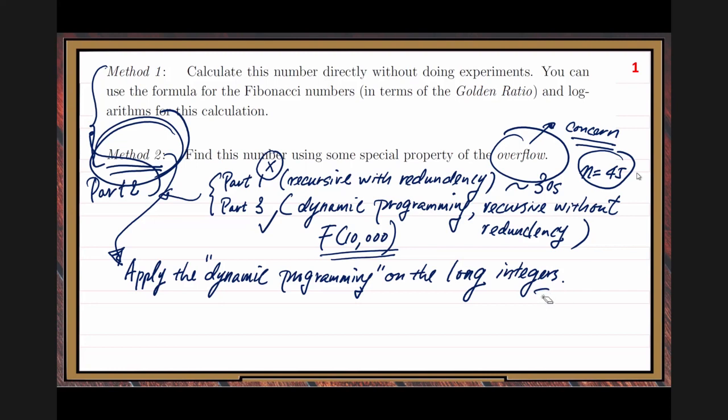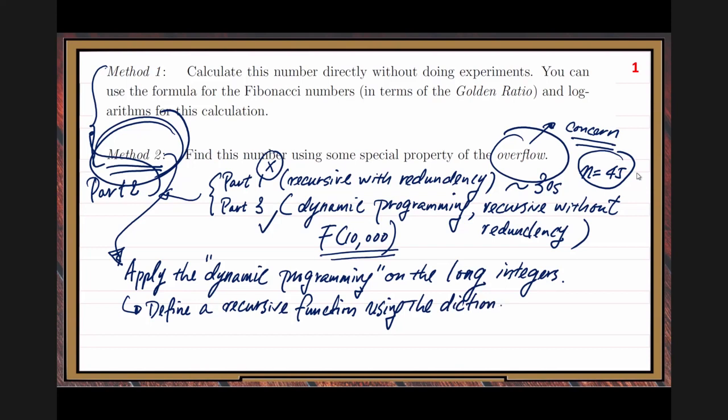More specifically, when we do dynamic programming, we define a recursive function using the dictionary method, because you create a dictionary.